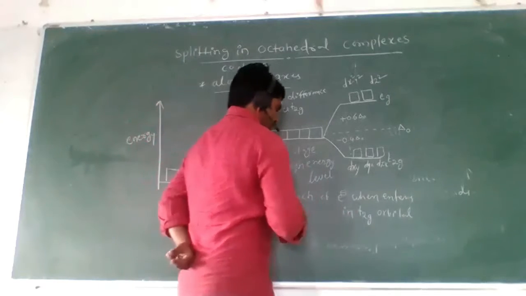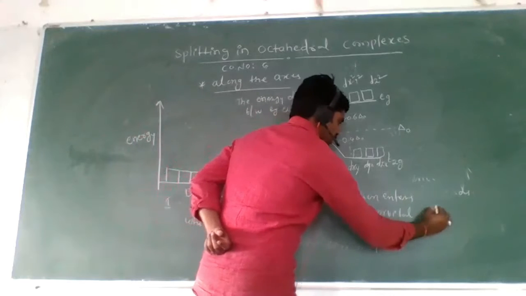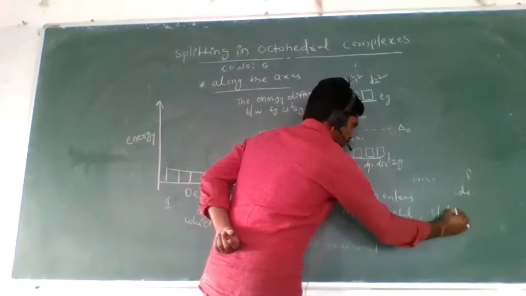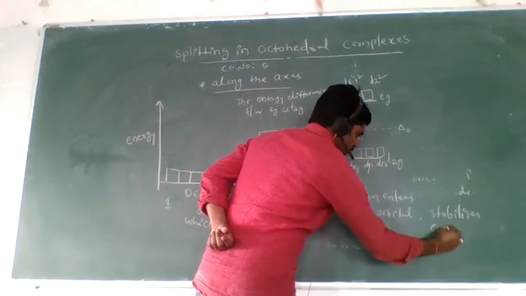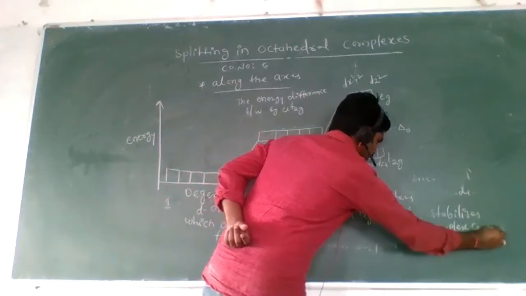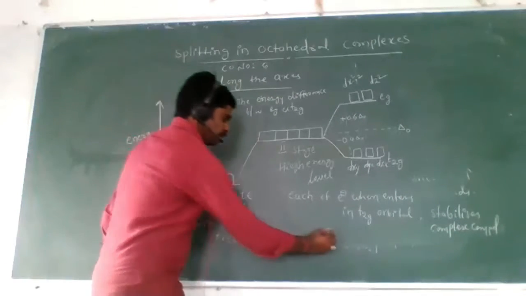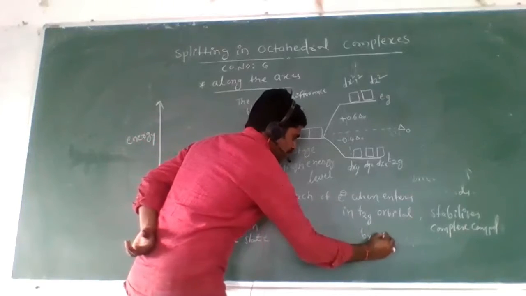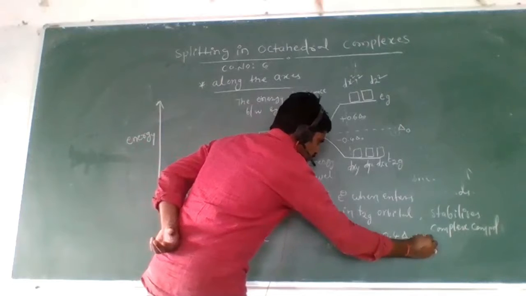When each electron enters into the T2g orbital, it stabilizes the complex compound. Is that clear? It stabilizes the compound by minus 0.4 delta naught units.